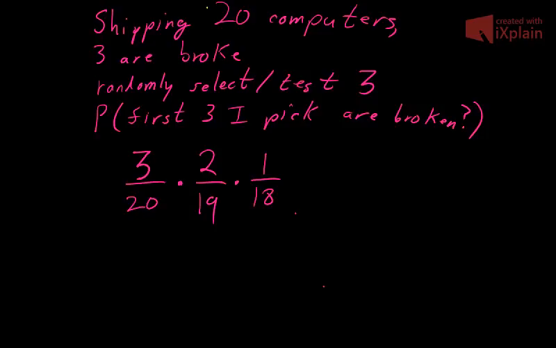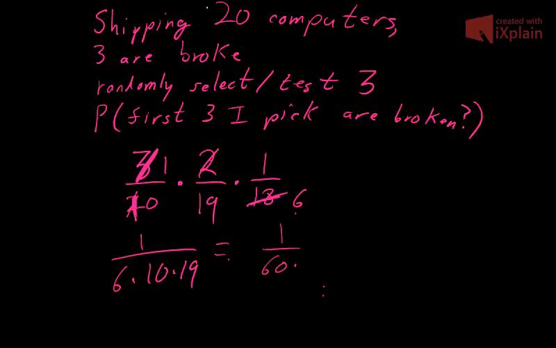So let's do some quick math. 3 times 2. I'm actually going to cancel some of these out. I have a 2 on top and a 20 on bottom. That's the same as 1 over 10. I have a 3 on top and an 18 on bottom. That's the same as 1 over 6. So now I have 1 over 6 times 10 times 19. 1 over 60 times 19. 60 times 19 is the same as 60 times 10 plus 60 times 9.